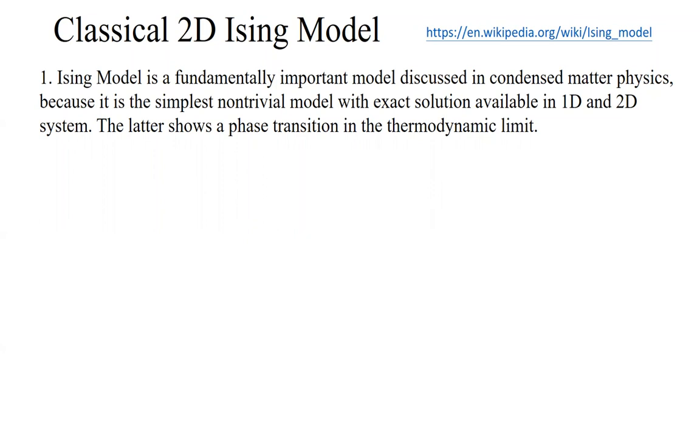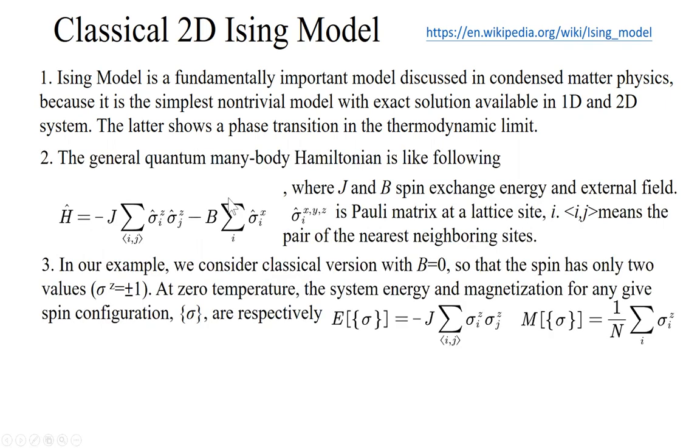So in order to understand how it works, let's see the general many-body Hamiltonian. It is composed of 2 terms. One is the spin coupling term J, where the spin is polarized in the Z direction, spin up, spin down.